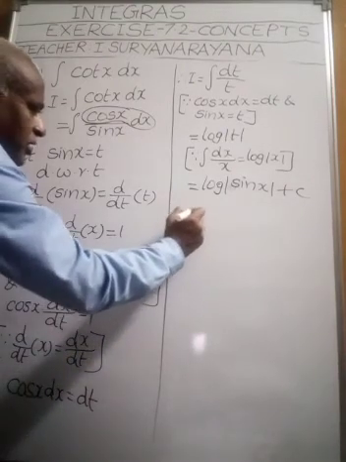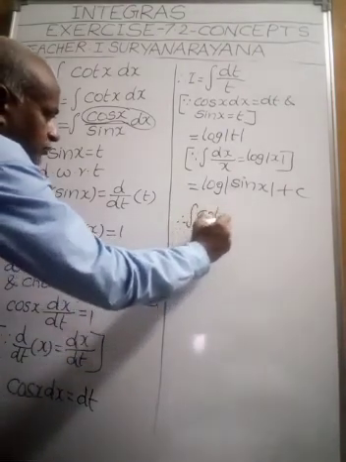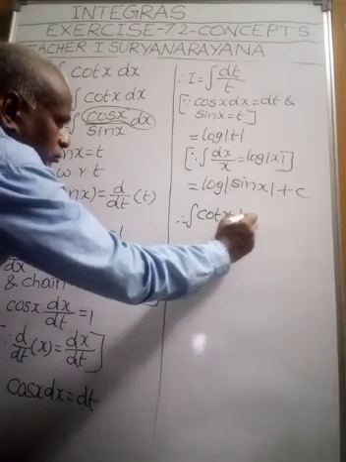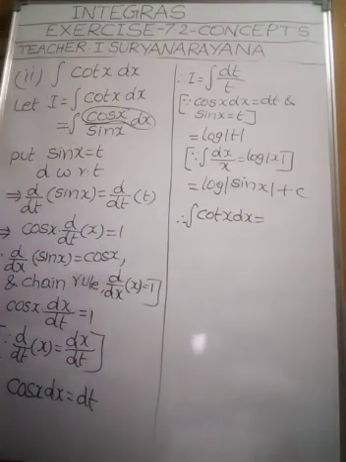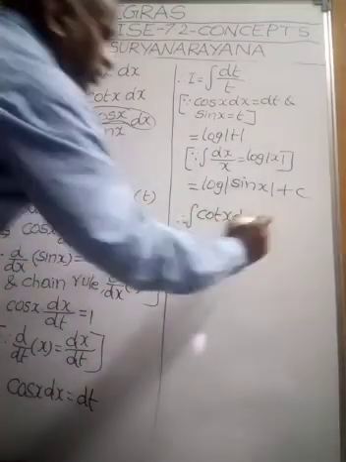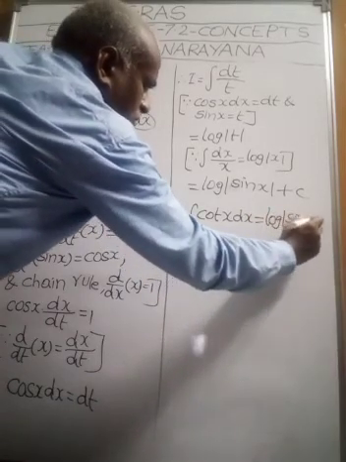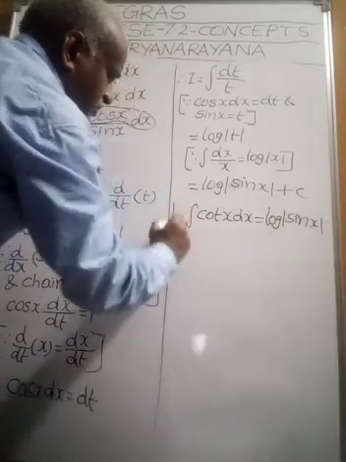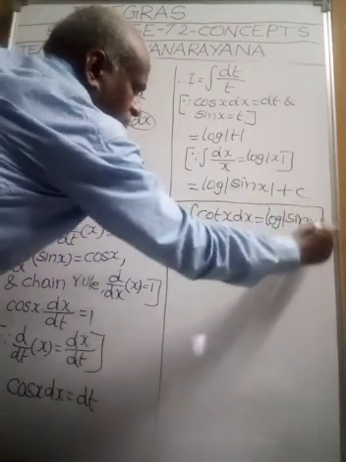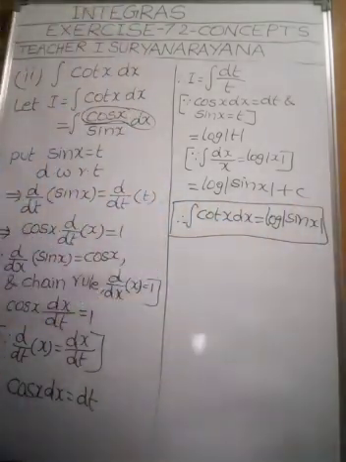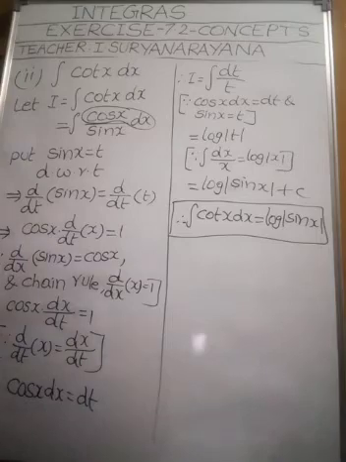Therefore, integral cot x dx is equal to log mod sin x. So this result also can be used as a formula. Okay, my children, understood? Right.